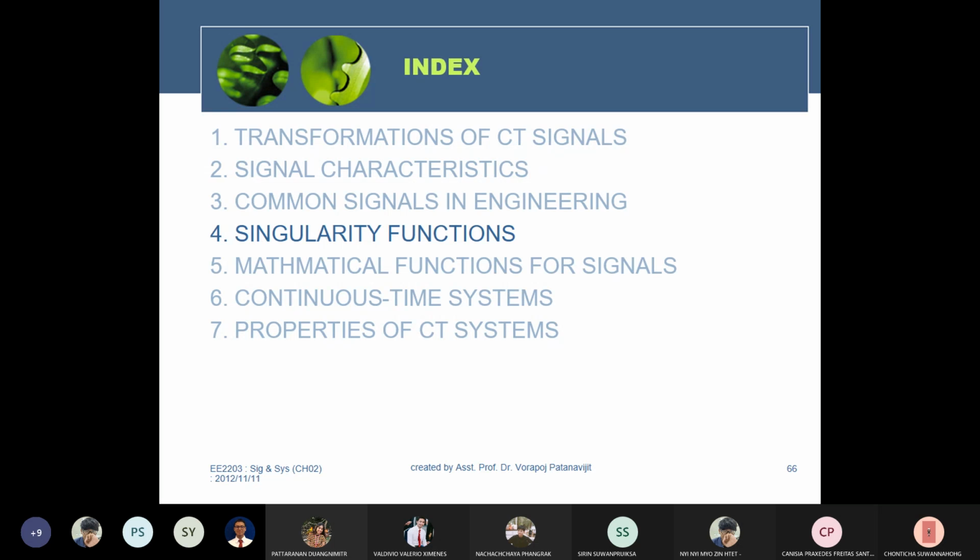Delta y equals maybe 1 minus 0, and delta x is approximately 0, so the slope equals infinity. Therefore, we call this signal a singularity function, meaning a function that has no derivative, or has an infinite derivative at some point.